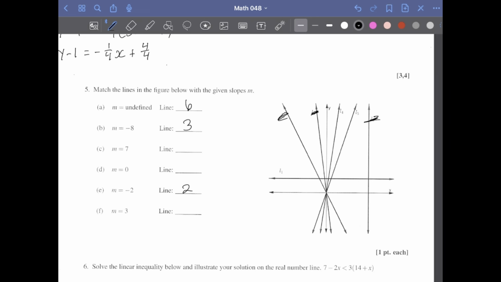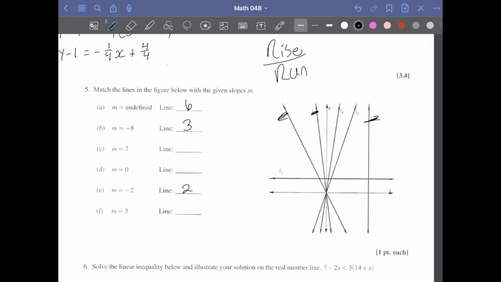So to see which one matches that, we have two positive lines. To see which one is which, because 7 is positive and 3 is positive, we pick the line that goes up faster. So remember, slope is rise over run.